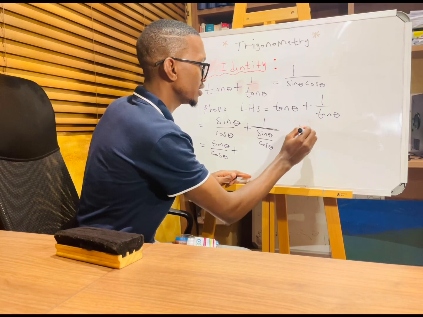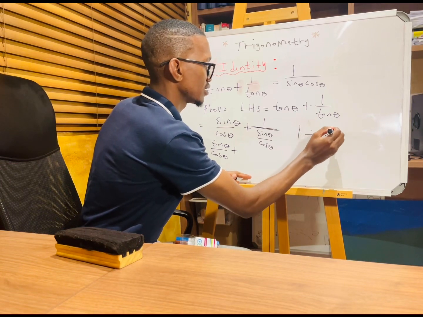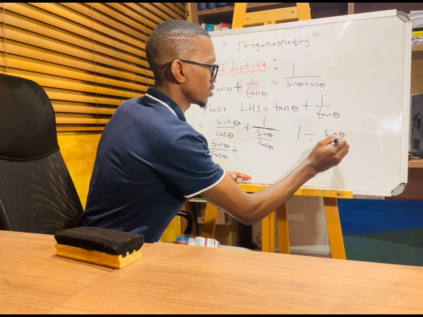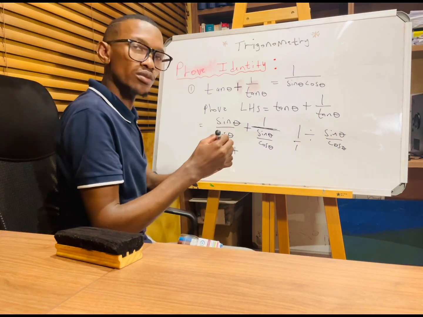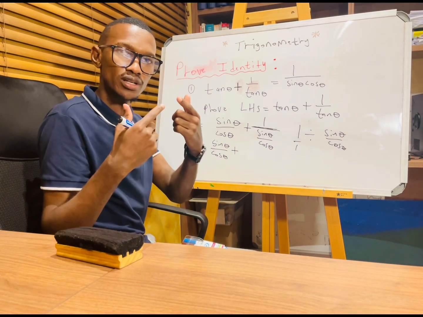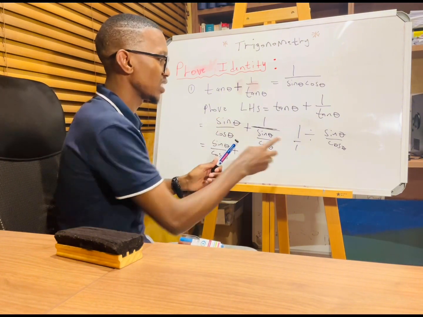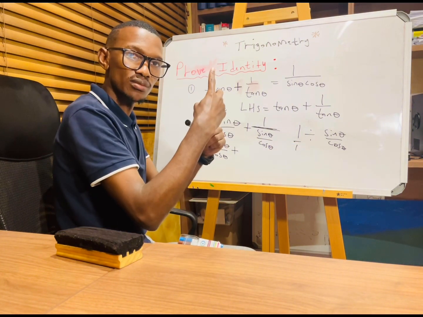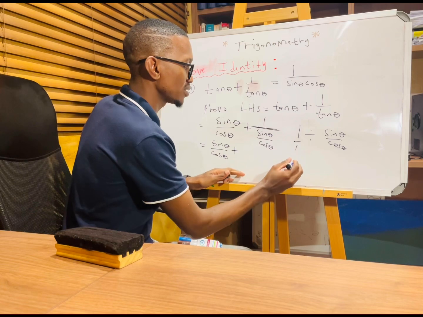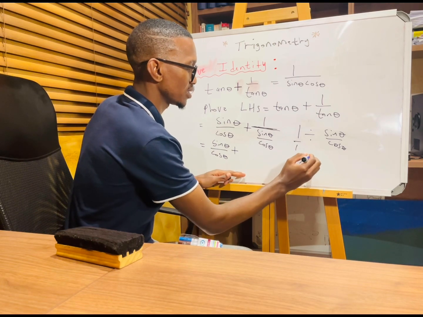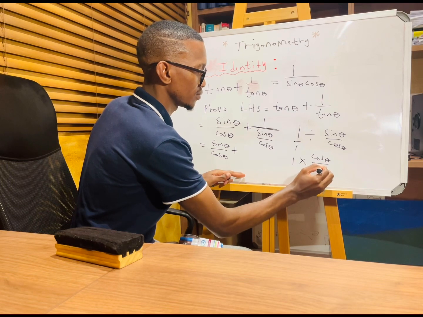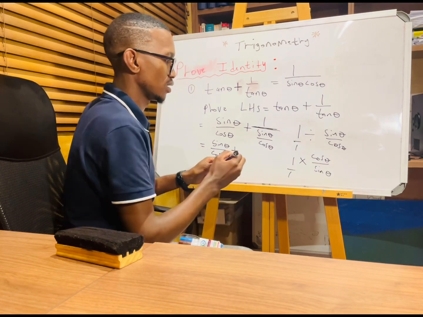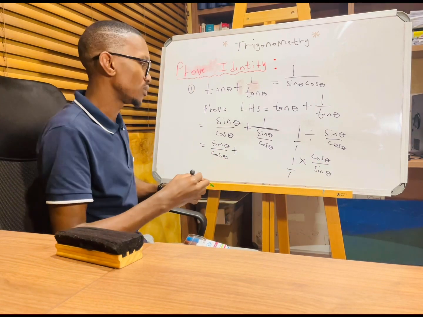It's like you're having 1 divided by sine theta over cos theta, which is the same as over 1. You remember the reciprocal when you're simplifying fractions, right? The division becomes multiplication in a way. So I'm going to have 1 times what? Cos theta over sine theta. That's what I'm going to have at the moment here.